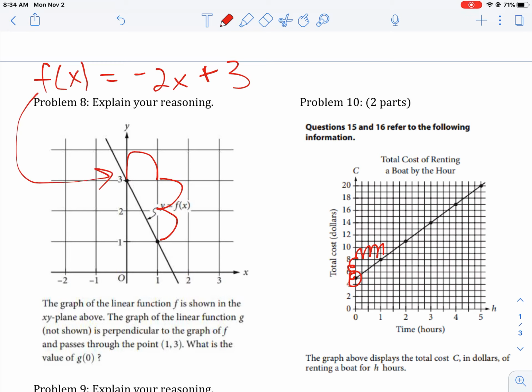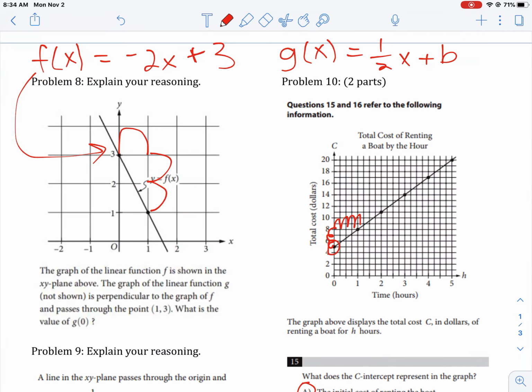Now they said g is perpendicular and passes through 1, 3. We don't have g, so we need to find g. We know it's perpendicular, so g of x equals 1/2 x plus b. It passes through 1, 3.